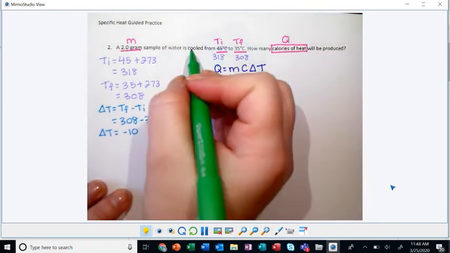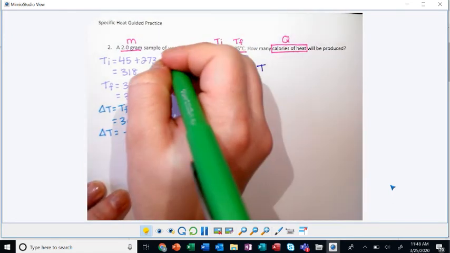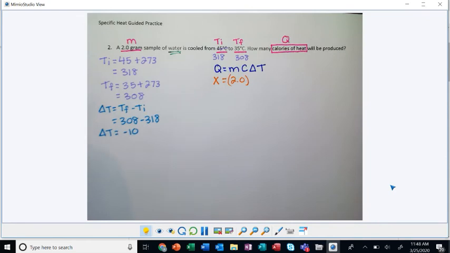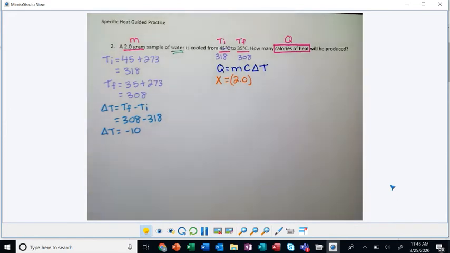So since we were dealing with water here, water has a very unique specific heat, and you're going to have to memorize them just in case they ask it to you, because water is so abundant and we use it all the time that they're just going to assume that you know it.